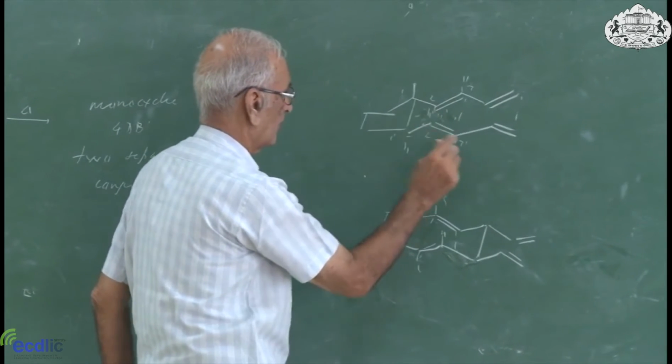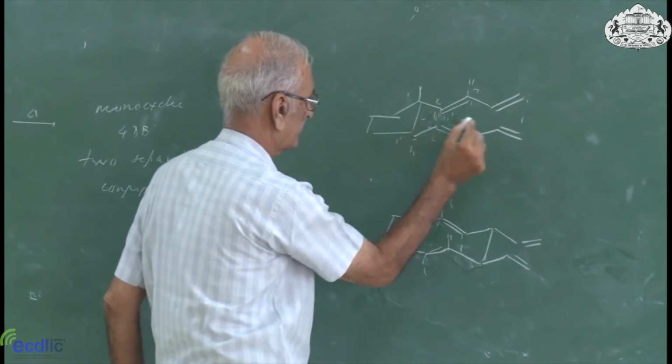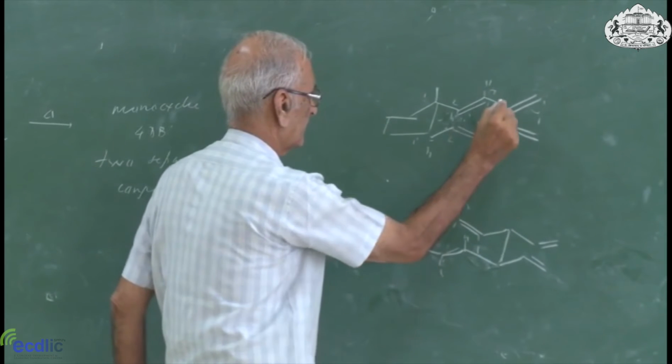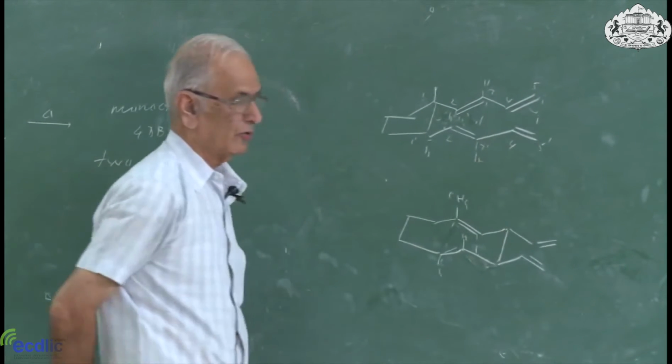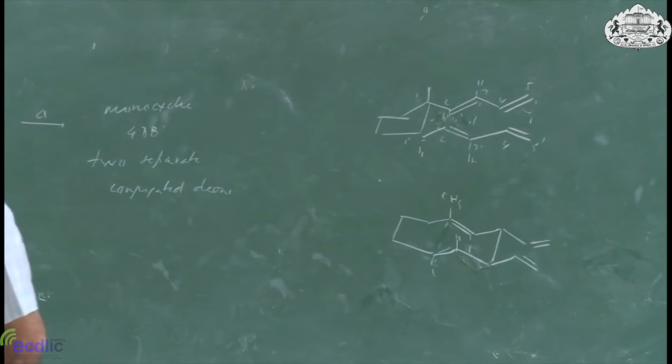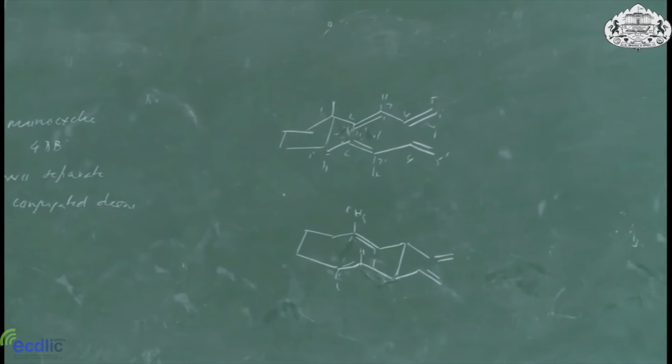So, the alternative is this. You make a 5,5 sigmatropic carbon migration.